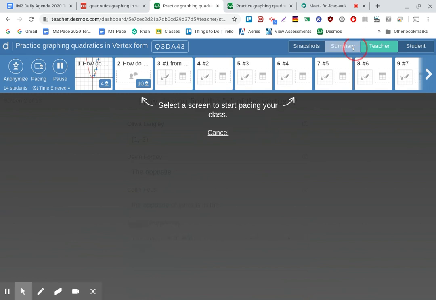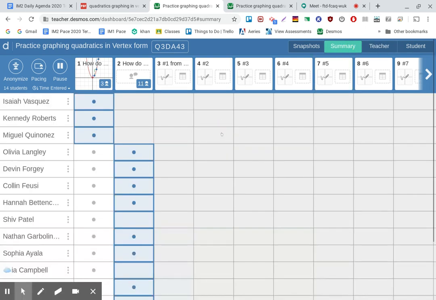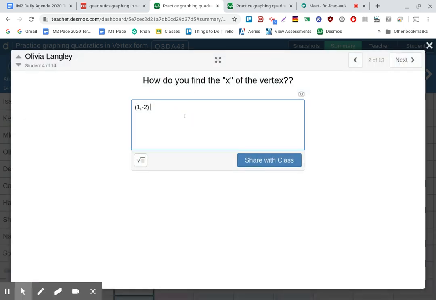How do I get out of here? Cancel. Okay. I'm going to say, how do you find the x first? I would say the opposite, this is an example, right, of -5 is 5. And that is the x of the vertex.